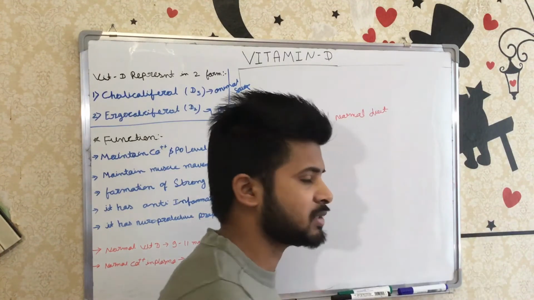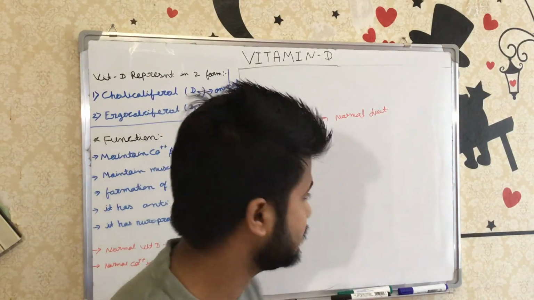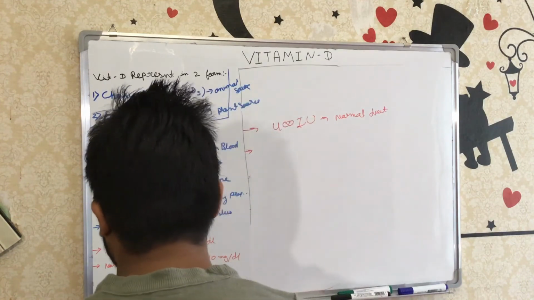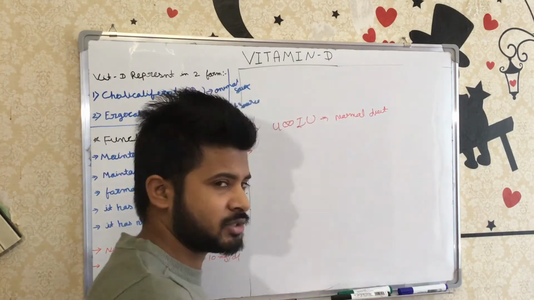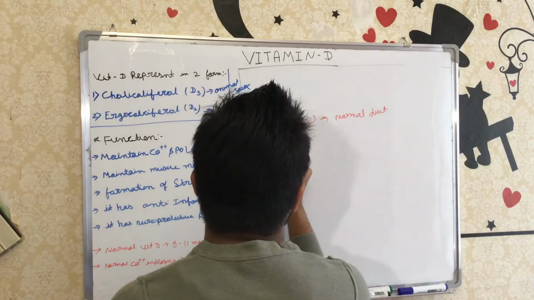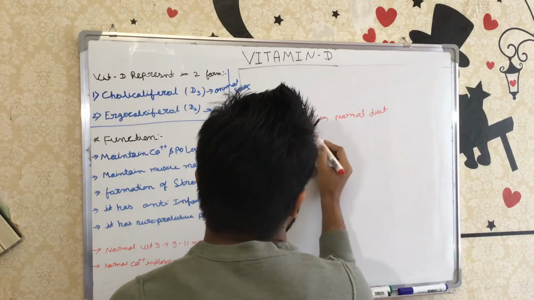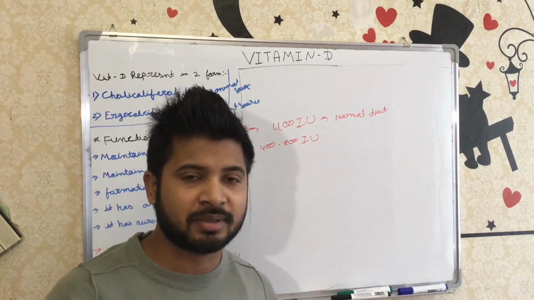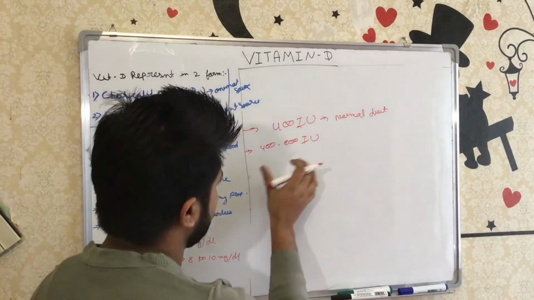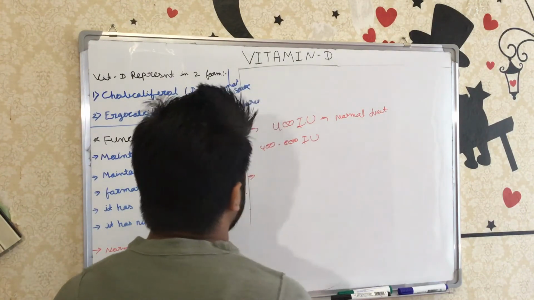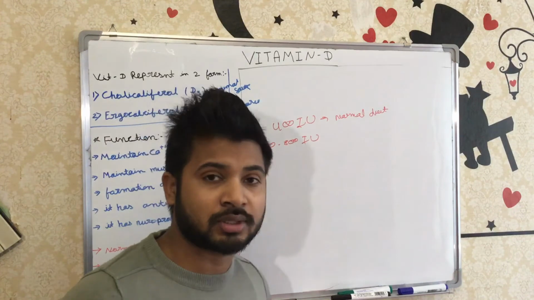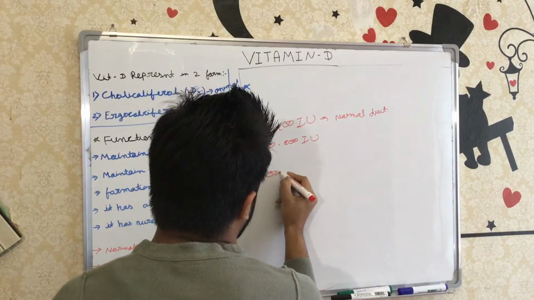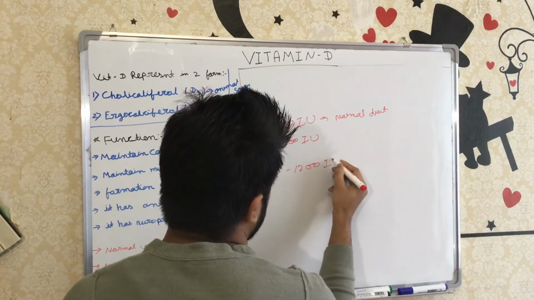Every day, a healthy person has to take 400 international units. In a growing child, who is still in growth, maybe 400 to 800 international units, but it depends upon the child. The amount may increase or decrease, but approximately it should be 400 to 800. For a pregnant lady, or during lactation when the baby drinks the milk, 800 to 1200 international units.